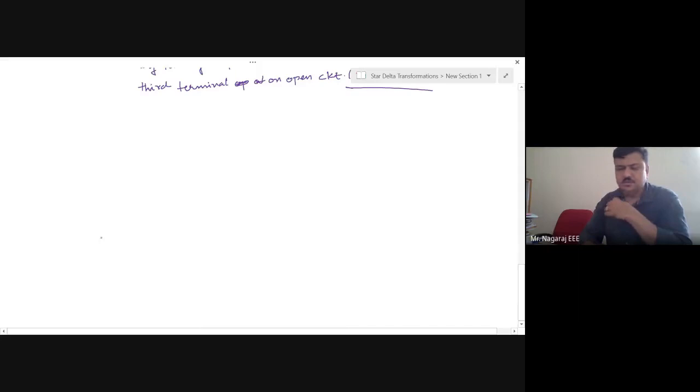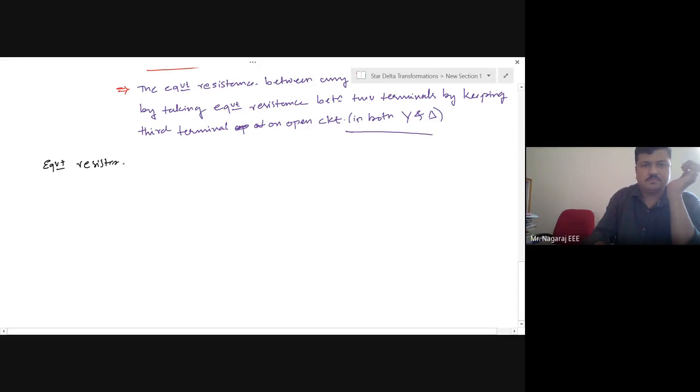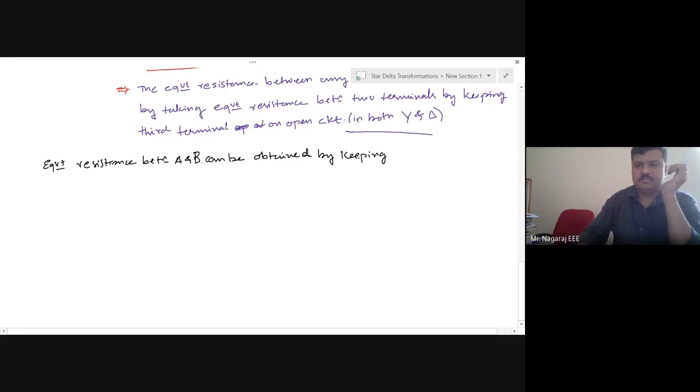Now suppose I have a delta connection here. Delta connection we already have. The equivalent resistance between A and B can be obtained by keeping terminal C open.